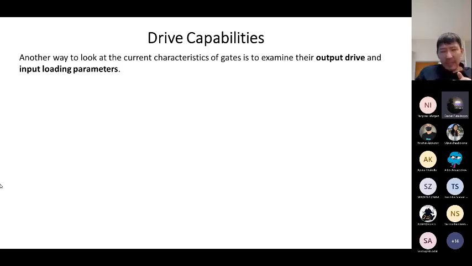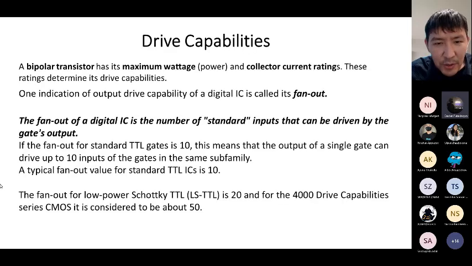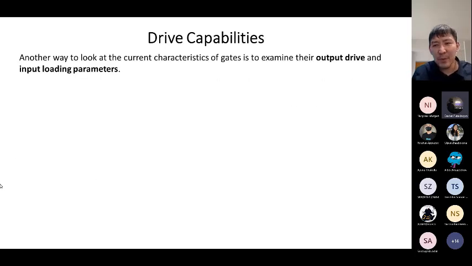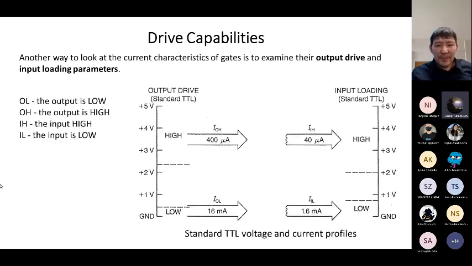Now we'll consider an interesting diagram. Here we talk about the fan out. You should understand fan out is just the number of standard inputs that can be driven by the gate's output. But we can also look at the input current. Let's see this diagram: standard TTL voltage and current profiles.